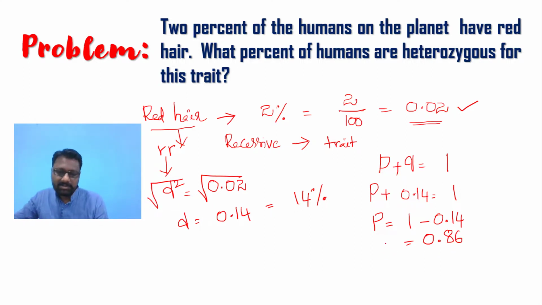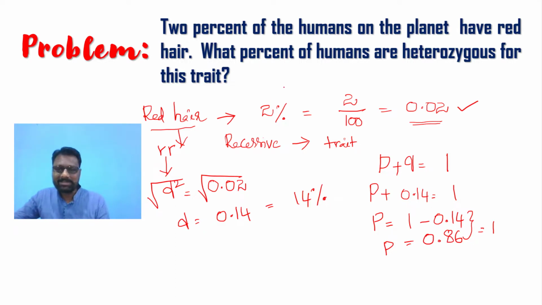This is the p value. Now you have the p value and the q value, and if you add p and q, it always equals 1. Now you represent these values in the Hardy-Weinberg equation.